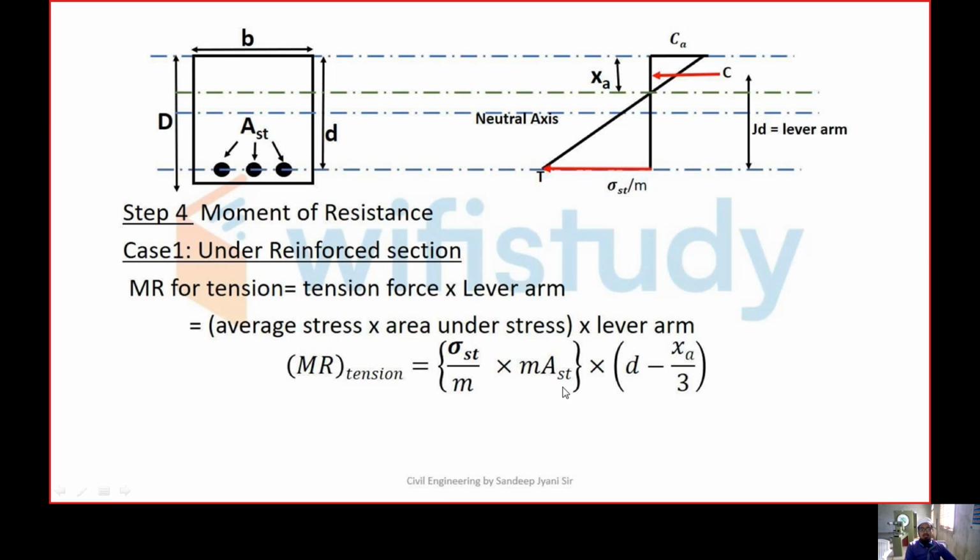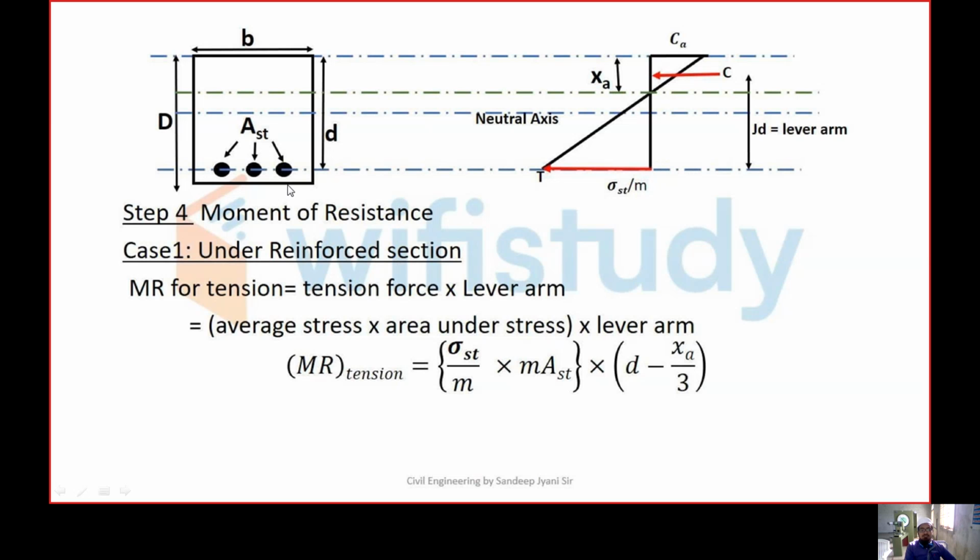So first of all, the stresses are given as sigma st by m. Average stress means maximum plus minimum by 2. Minimum here is 0 only. So sigma st by m plus 0 by 2, that is sigma st by m, into the area under stress. What is the area under stress here?